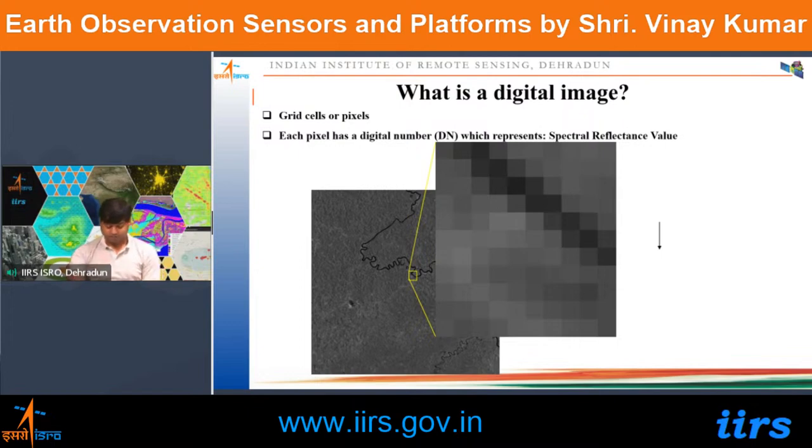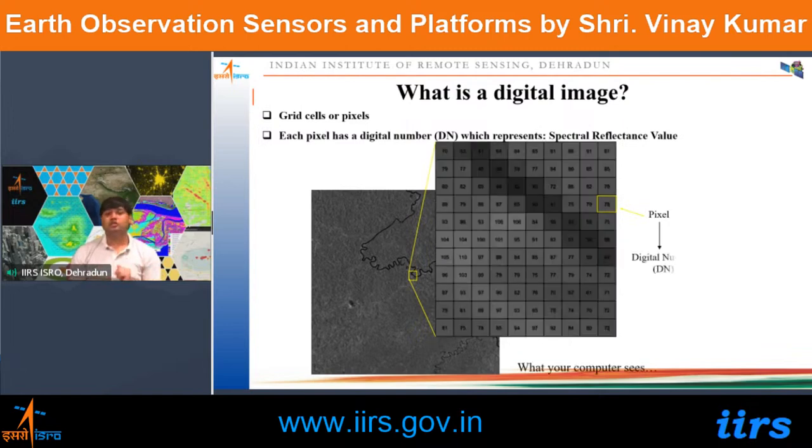Sometimes when you are using a digital photograph, you try to enhance it and change the values. How can we do that? Because your digital image is nothing but some numbers, and your computer is seeing those numbers. As I told, darker features reflect less and brighter features reflect more. So we play with these numbers to get more interpretable information.